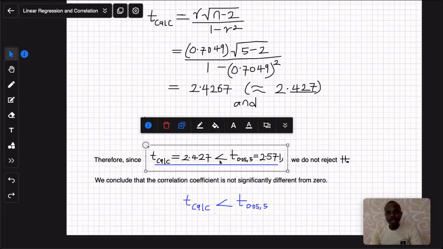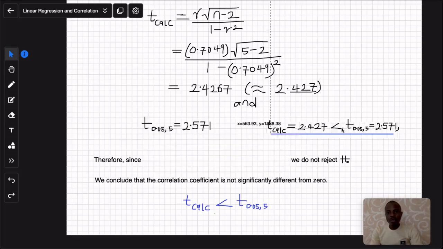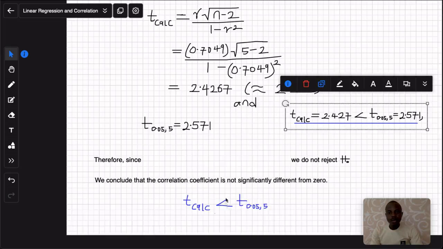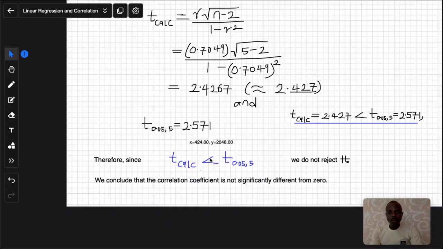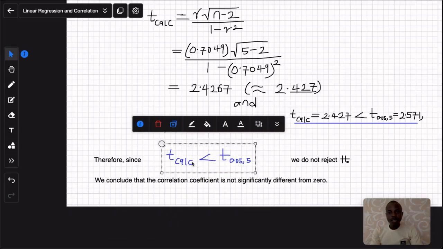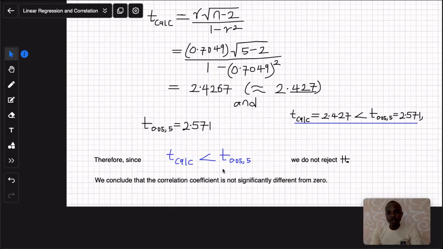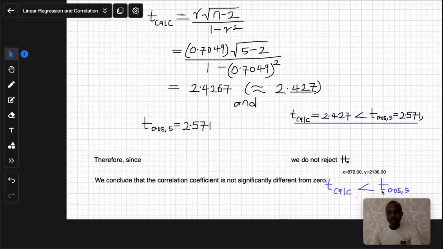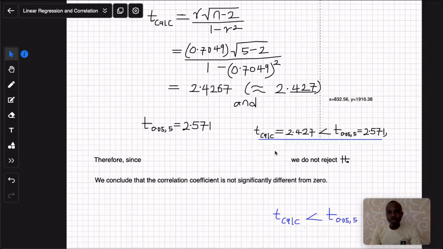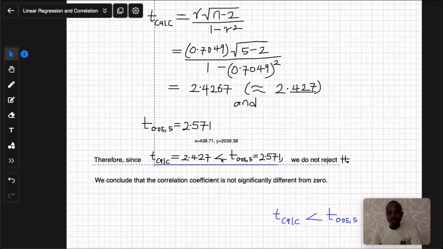But if in any way you're confused or you don't like this one, you may just write, therefore, since t calculated is less than t table, we do not reject H0. We conclude that. So you may leave yours like this, but I prefer mine. You can't use the two, you just write one.